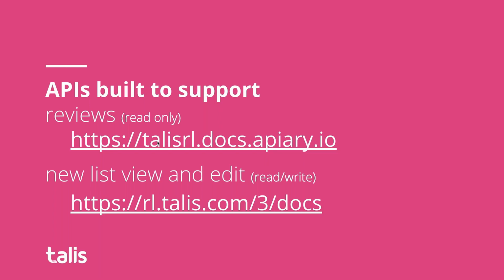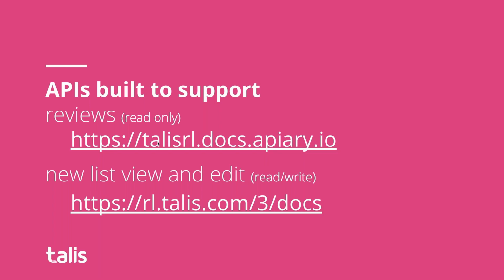So we have a set of APIs that were built to support reviews, and a slightly different set of APIs that was built to support the new list view and now the new list edit. And these operate in slightly different ways. There are differences between them.